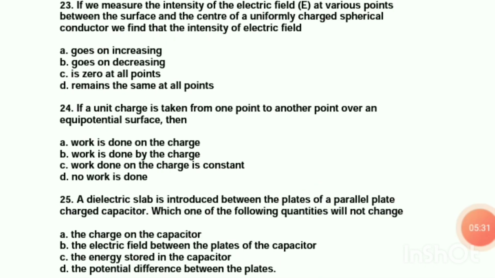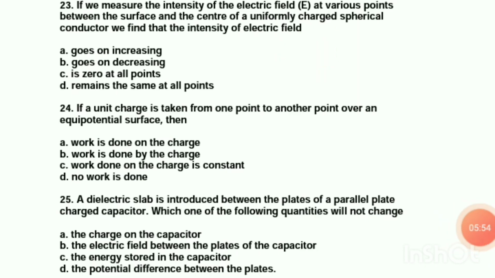A தான். அடுத்து if we measure the intensity of the electric field at various points between the surface and the center of uniformly charged spherical conductor, we find that the intensity of electric field is 0 at all points. C தான்.